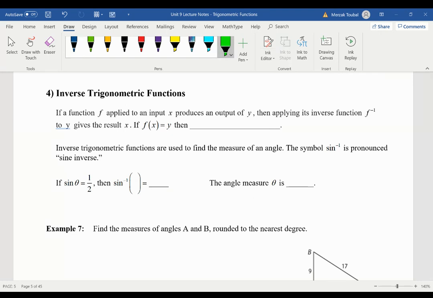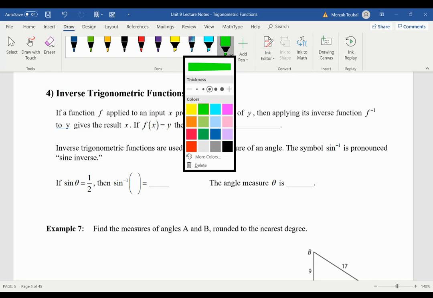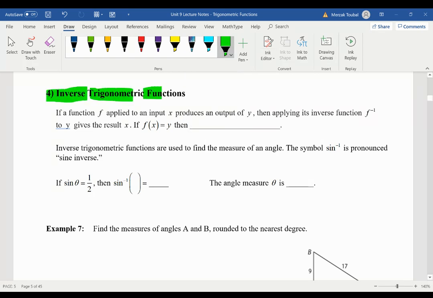Now let's look at the inverse trigonometric functions. Going back to the basics of inverse, if a function f is applied to an input x, so we have a function f taking some x value as an input, it produces an output of y.